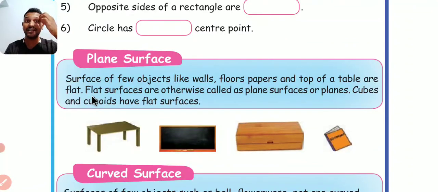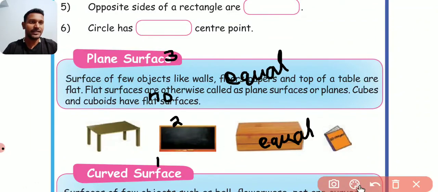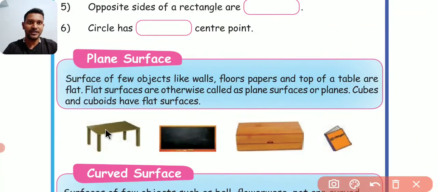You are sitting on a bench in your classroom, on the top of the bench. Take the example of this table. The top of the table is flat. This flat surface is called what? Plane surface. That's all. You see the blackboard? This is flat.